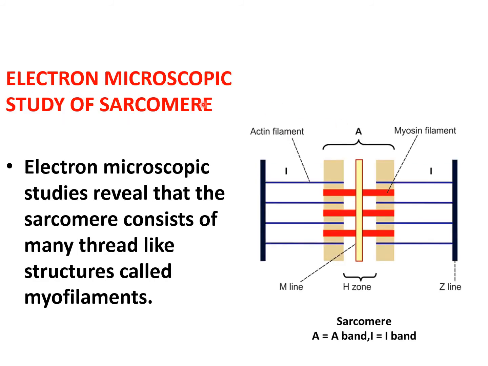Then what is the electron microscopic study of the sarcomere? This study reveals that the sarcomere consists of thread-like structures known as myofilaments. These are the myosin filaments, and these are the actin filaments.